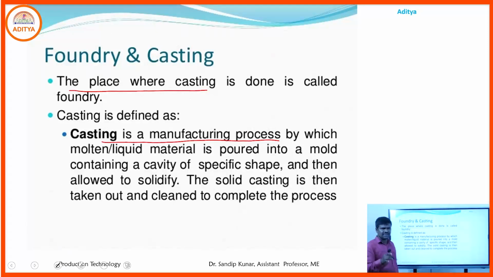After solidification, we take the casting product out of the mold cavity after breaking the molding materials. The solid casting is then taken out and cleaned to complete the process and get the final casting product.